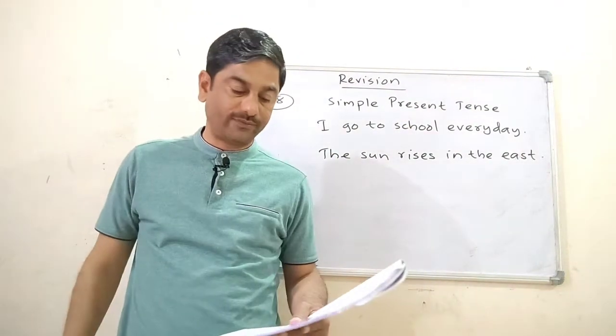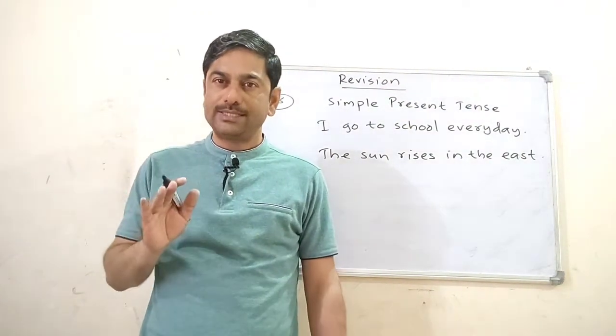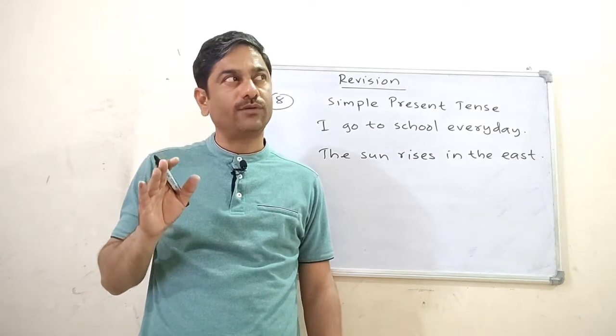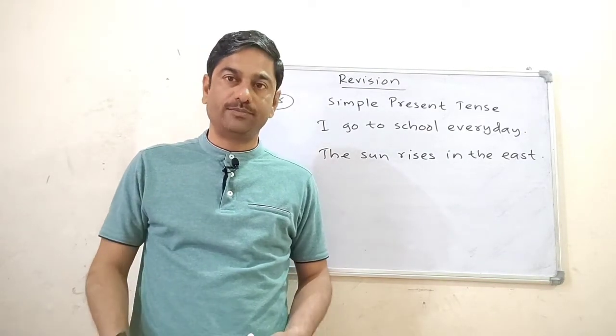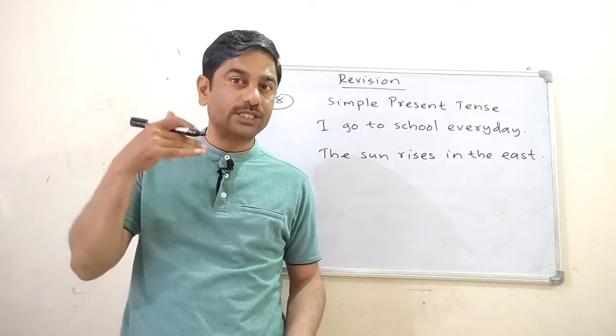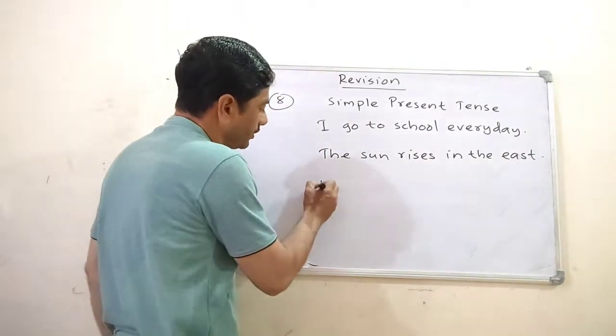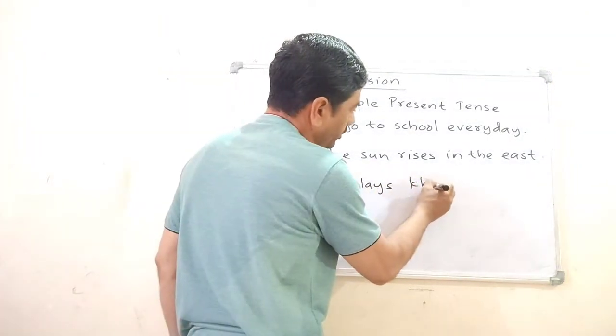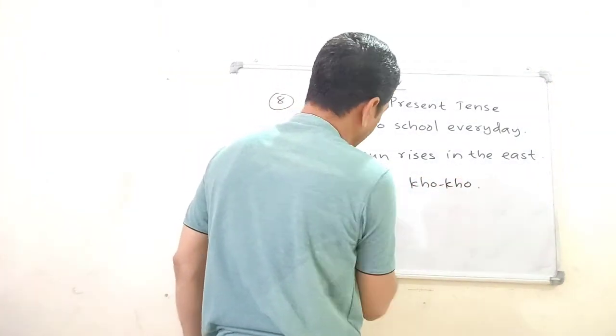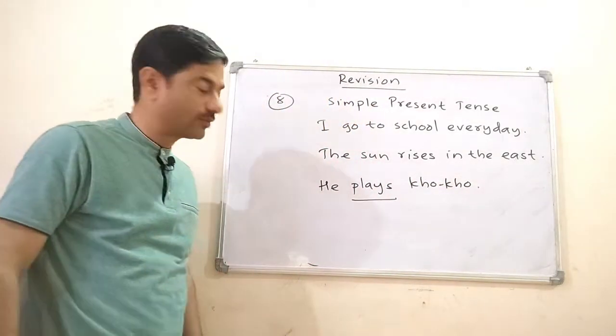When we make use of a third person singular subject, you have to make use of the s or es form. For example, he plays kho-kho. Here you have to make use of the s form of the verb.